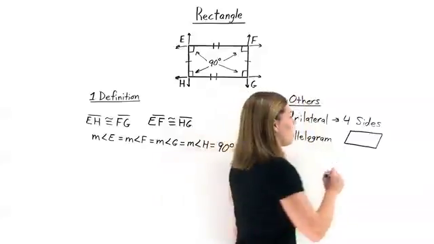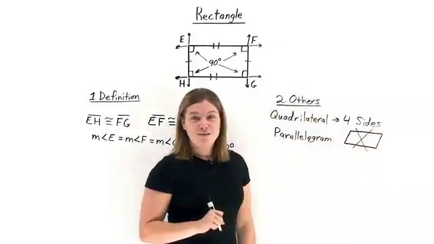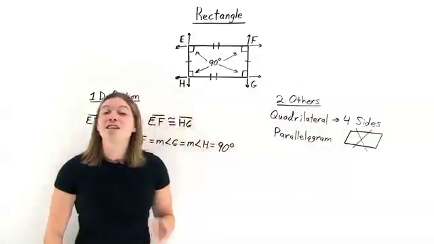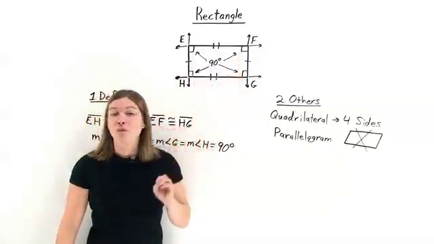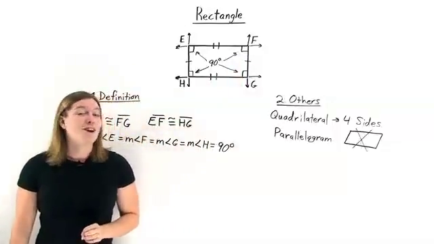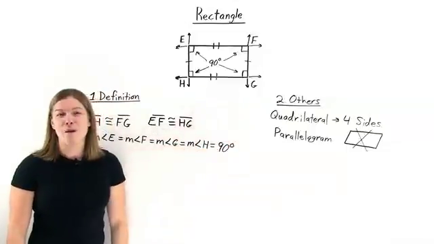Since this parallelogram does not have that quality, it is not a rectangle. So now we know more about rectangles. A rectangle is a 4-sided figure where all 4 interior angles are right angles. They each measure 90 degrees. And a rectangle can also be classified as a quadrilateral or a parallelogram.